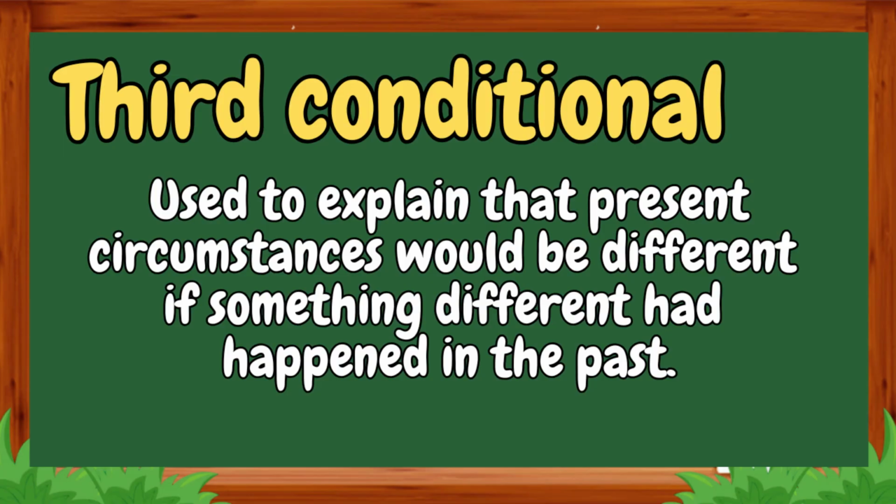The third conditional is used to explain that present circumstances would be different if something different had happened in the past. And I think we use this one a lot without even knowing it, because often we like to talk about how our present situation could have been different if something different happened in the past.